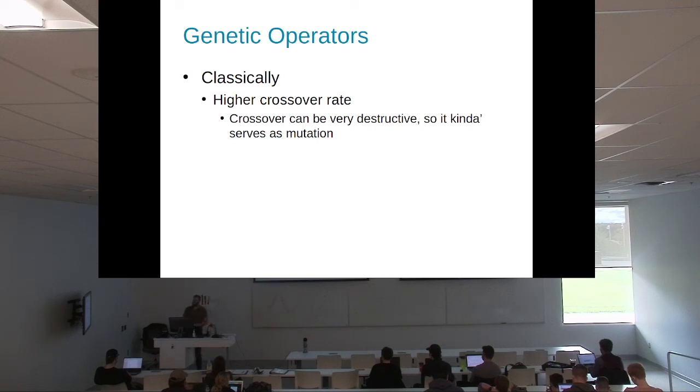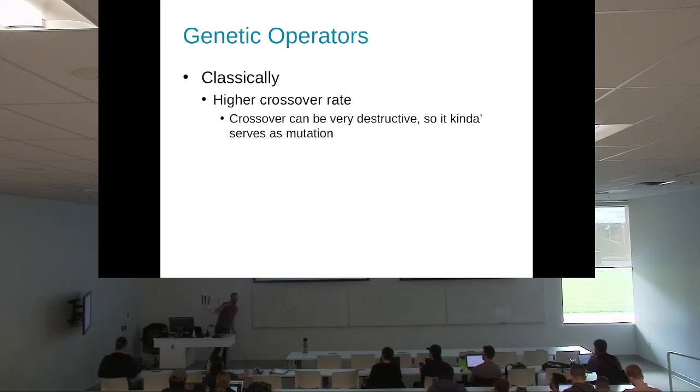Because crossover can be fairly destructive, and because the search space is so huge, infinitely so, these crossovers can end up having wild implications. So that's why we can get away, classically speaking, with lower mutation rates and just sticking with crossover. Some people don't even use mutation.